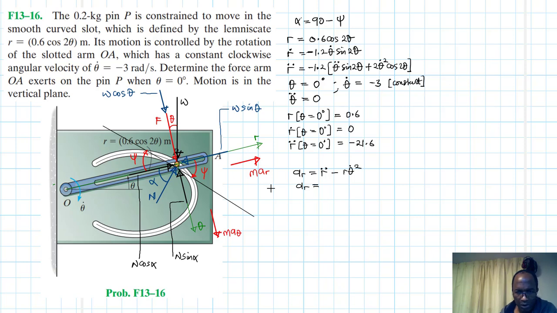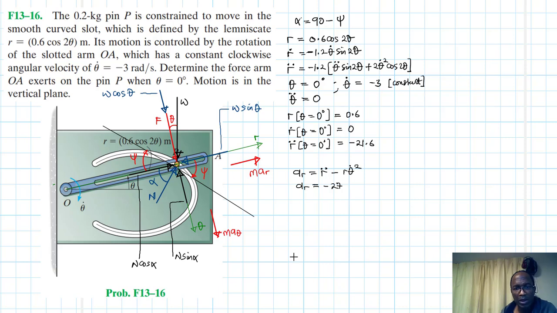Okay, and this we get just a minus 27, like so. So let me repeat this. So minus 21.6 minus R 0.6 times theta dot squared.